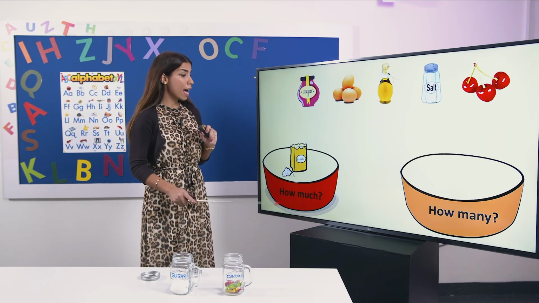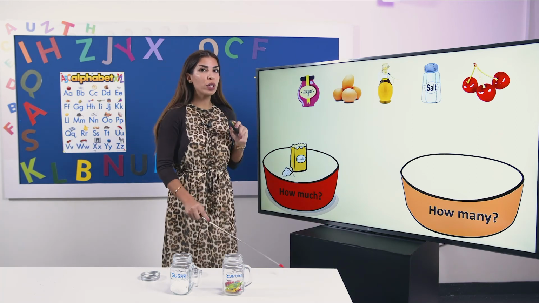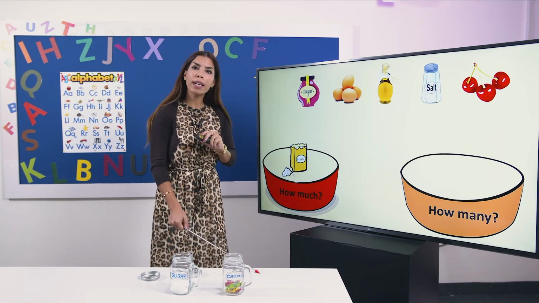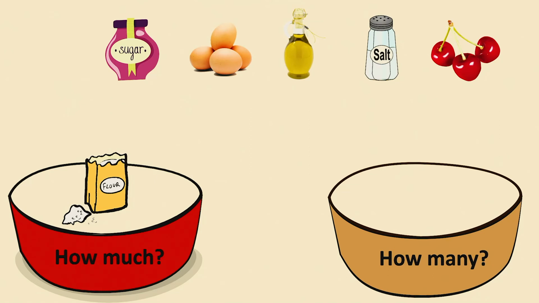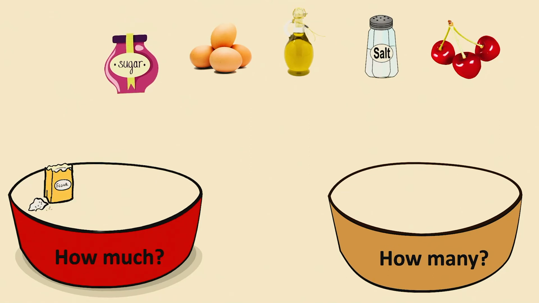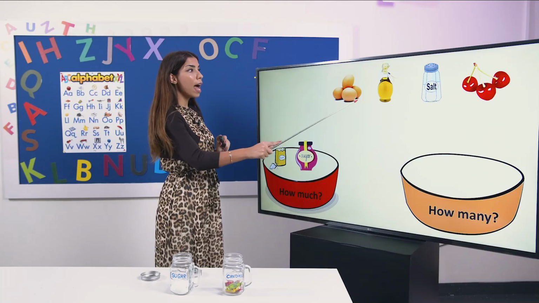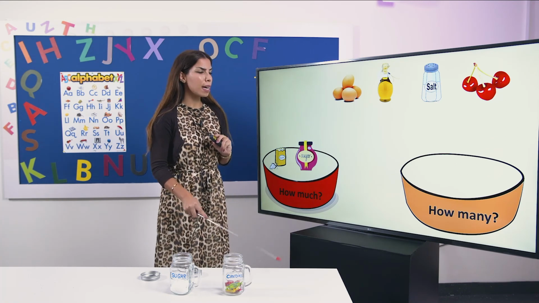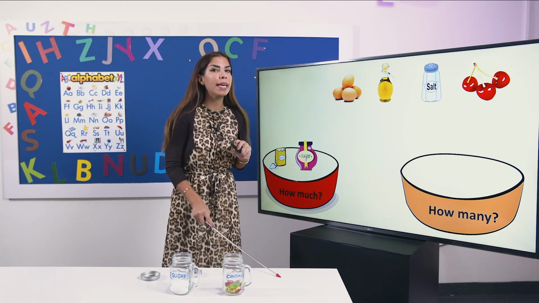Do we ask how much sugar do you need, or how many sugar do you need? Is sugar countable or uncountable? Very good. Sugar is uncountable. So, we ask how much sugar do you need for the cake?